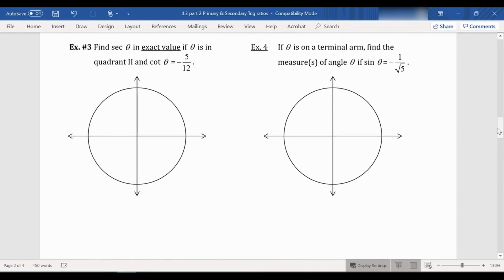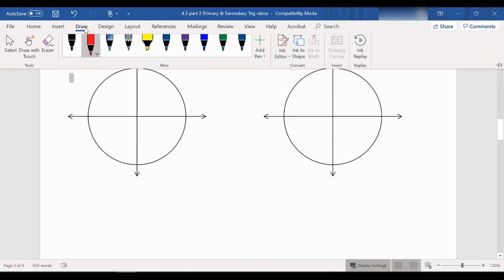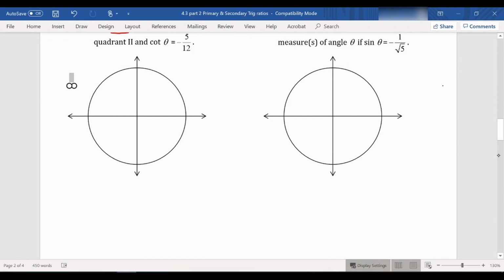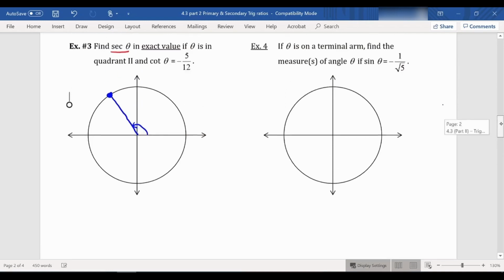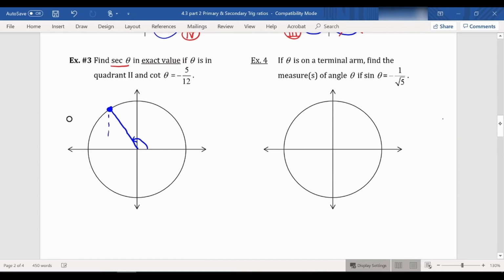All right, so let's try a couple questions here. We want to find secant in exact value. This means we should have roots or fractions, no decimals. If theta is in quadrant 2, somewhere over here, and when we draw in our triangle, remember we're usually talking about a reference angle in here.